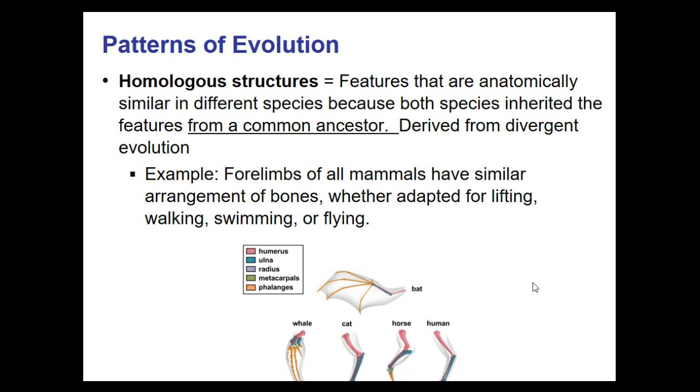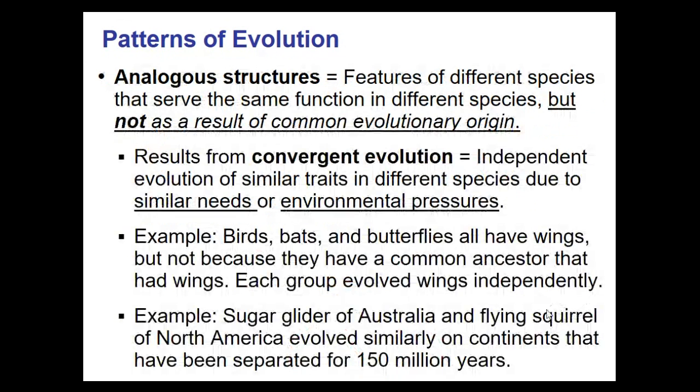And that's believed to be because they all evolved from a common ancestor that had that set of bones. Through evolution they have just adapted for different purposes in these different mammals. So that's called homologous structures.